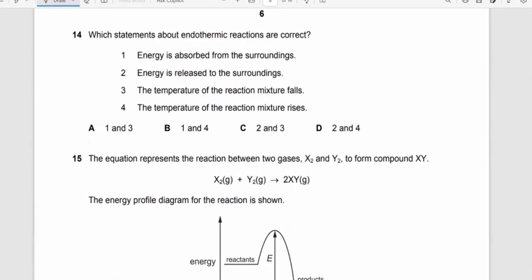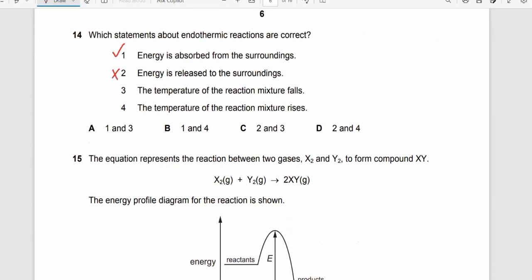Which statements about endothermic reactions are correct? Energy is absorbed from the surroundings in endothermic reactions. Yeah, of course, this is correct. Energy is released to the surroundings? No, that takes place in the exothermic process.